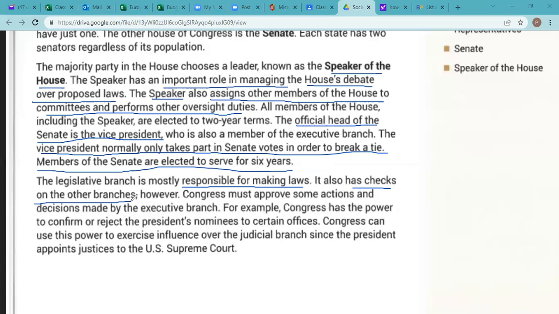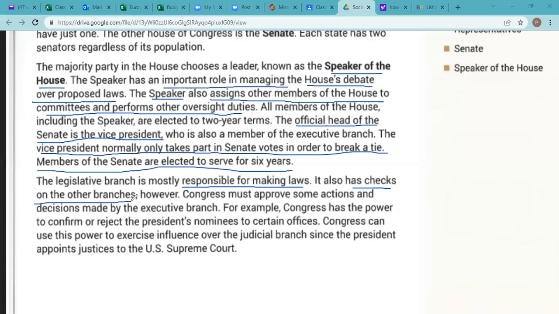Let's say, for instance, that the House wants to pass a law, or maybe update a law or change that law in some way. Now it's gone from the House and maybe it's going to go to the Senate, or vice versa. Now it's going through the Senate and maybe the Senate approves it.